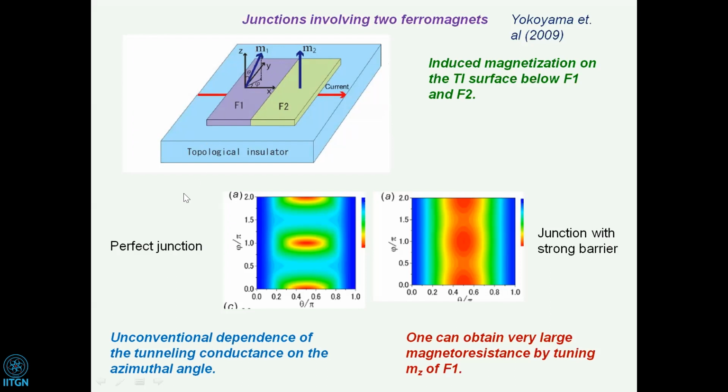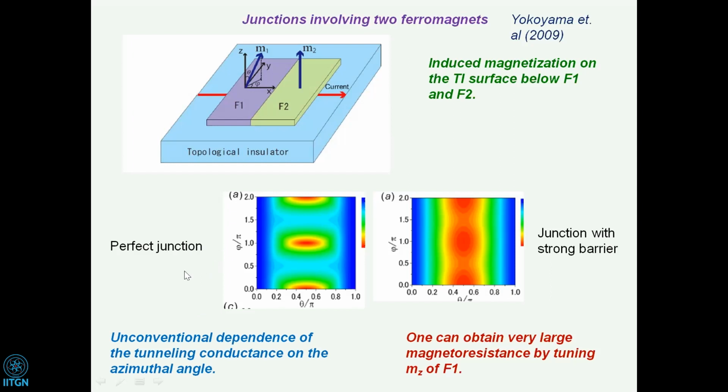Because if you have two of these magnets, one pointing up and the other pointing this way, it's really this angle, theta, which is going to control the magnetization. Usually, it doesn't depend on phi. So essentially, it turns out that here it depends on phi.